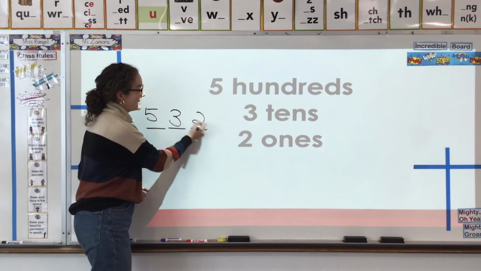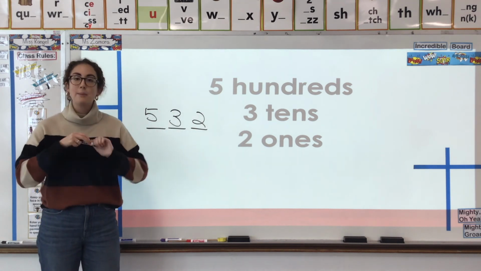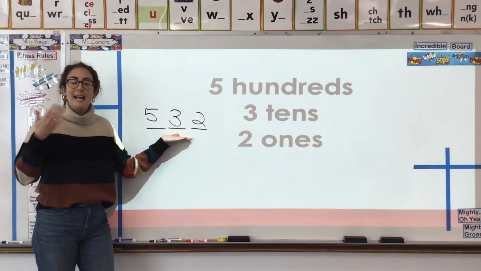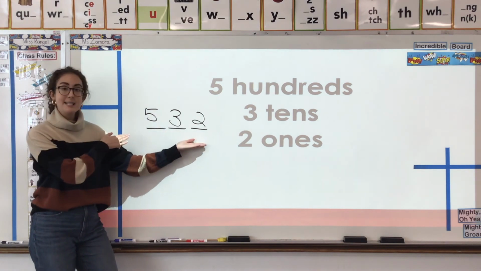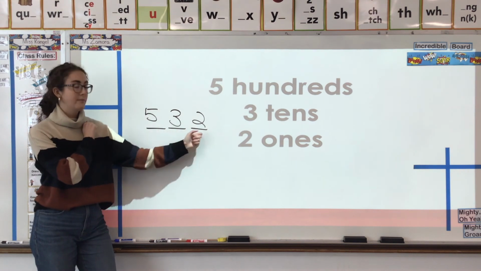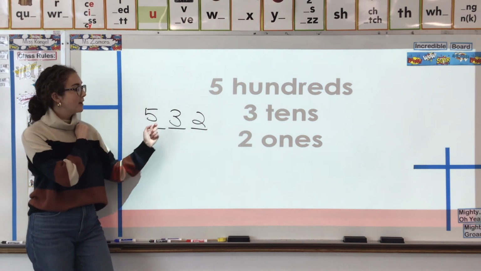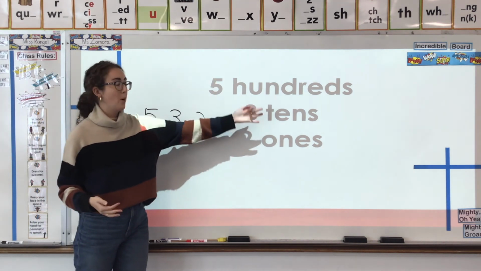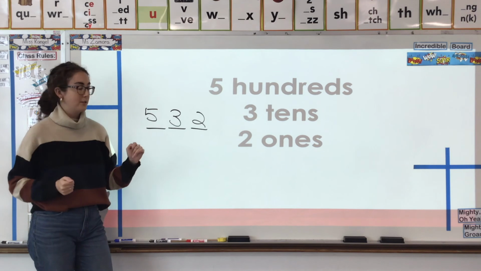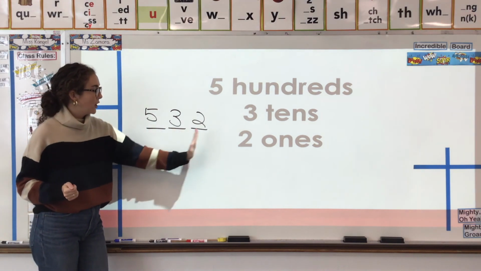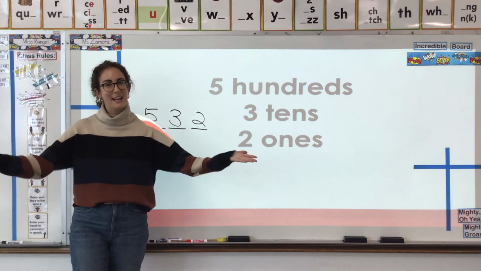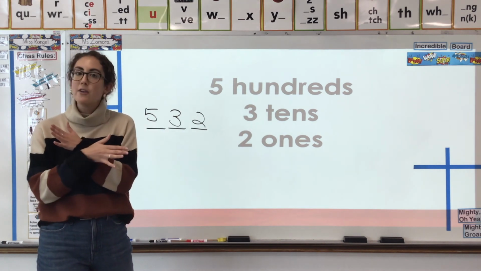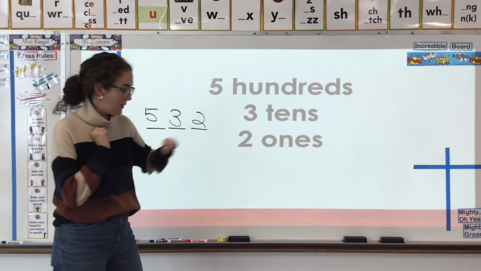There's 2 ones exactly. So a 2 is going to be held in the ones place. So what number did we have? This number is 532. We need to be able to read both unit form and standard form. We practiced translating numbers back and forth either way between standard and unit form.